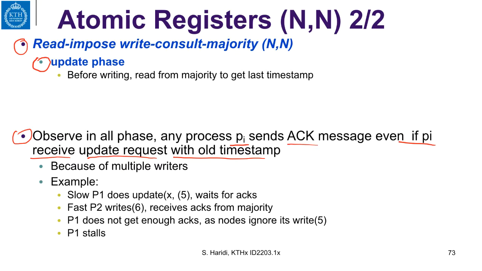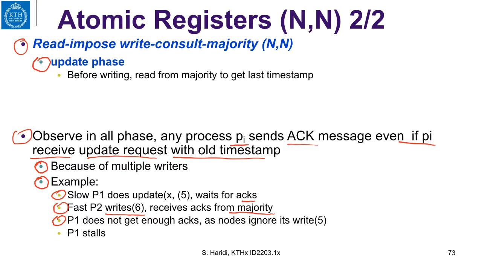But because we are in a multiple writer situation, we can get the following execution scenario. So here's an example to see what happens if we don't send the acknowledgement. We have a slow process, P1, that does an update and waits for acknowledgement. Then we have a fast process, P2, that does another write and receives acknowledgement from a majority.